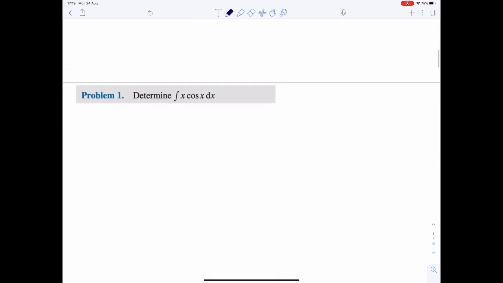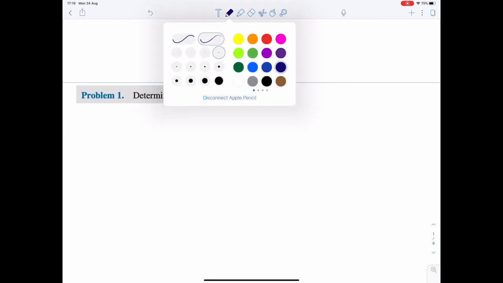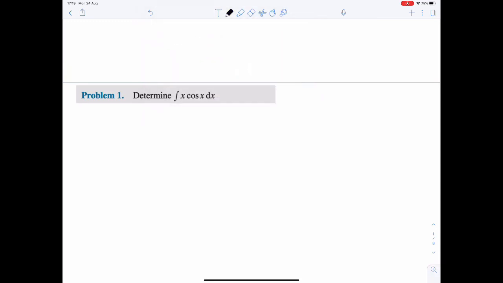Let's determine the integral of x cos x dx. So I'm going to say, as previously mentioned, that u is going to be equal to x, so that leads to du/dx equal to 1, and that means that du equals dx.